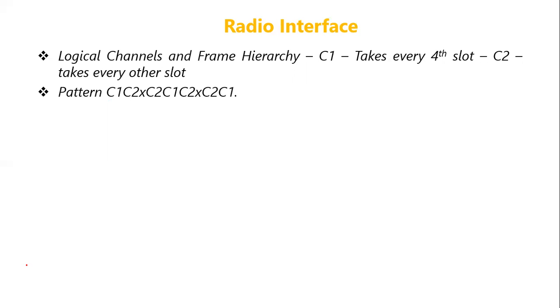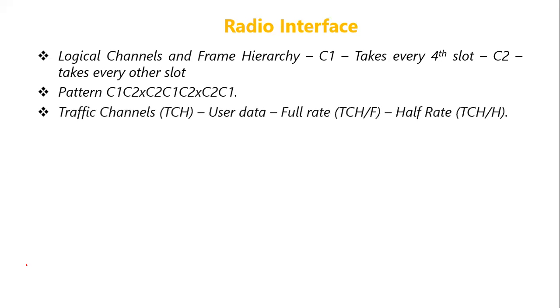Right. So GSM specifies two basic groups of logical channels. These are traffic channels and control channels. First let us try to understand the traffic channels. The traffic channel is represented as TCH. GSM uses a TCH to transmit user data, like voice or fax messages, whatever it may be.